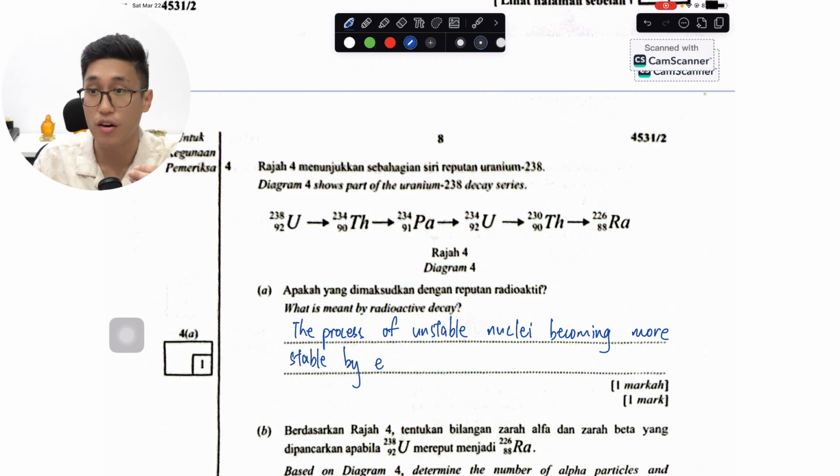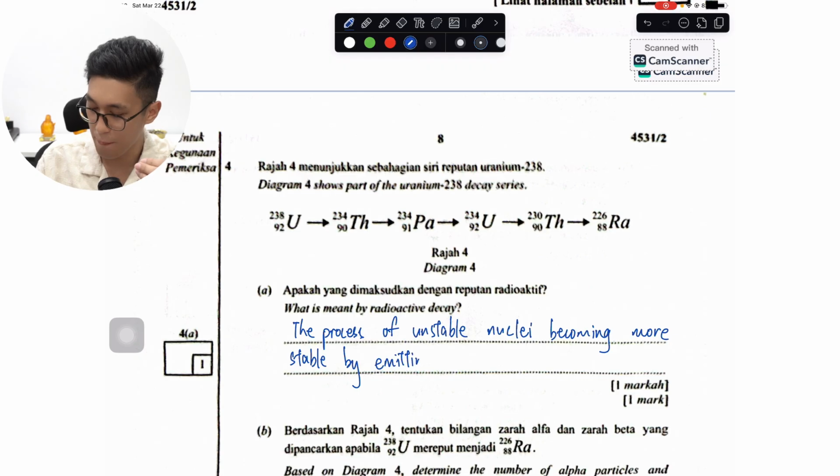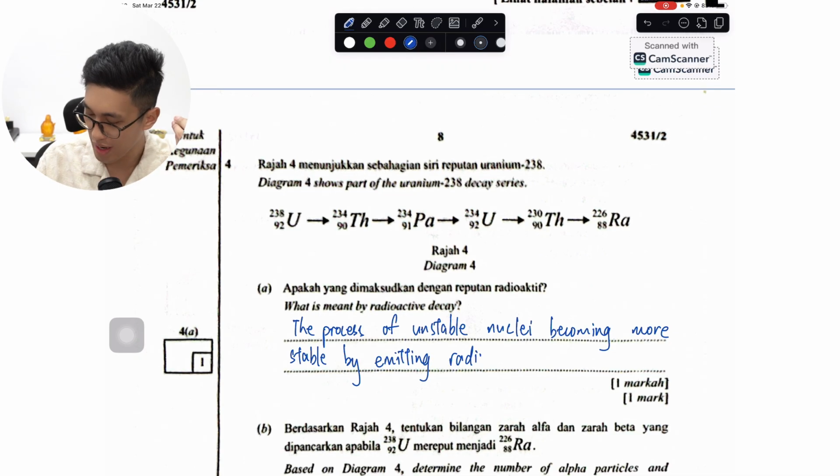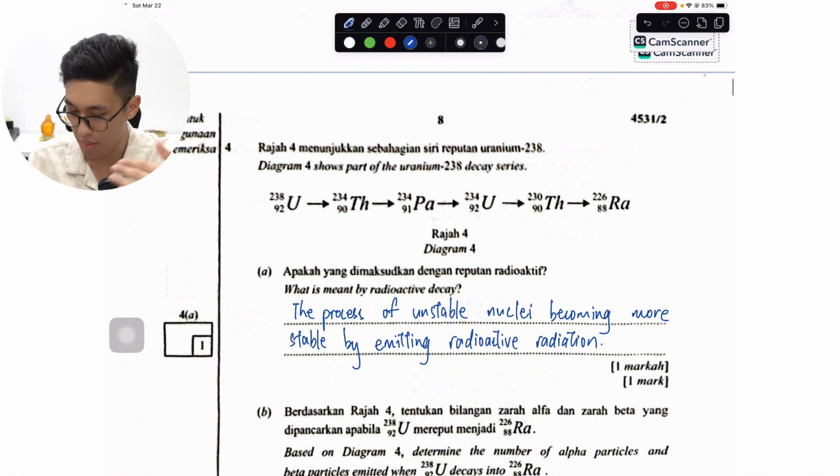By giving off, or the word for that is emitting, okay? Emitting means give off radioactive radiation. Okay, the process of an unstable nucleus becoming more stable by emitting radioactive radiation.